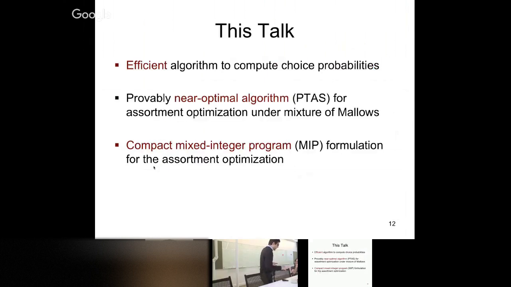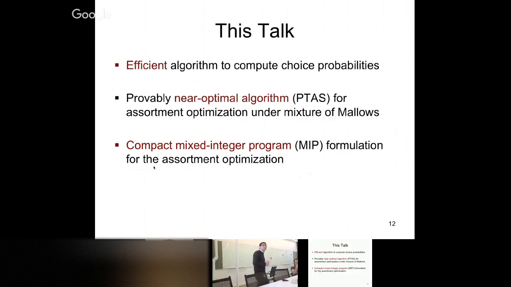So let me give you the punchline of our contribution. We have an efficient algorithm which can compute these choice probabilities exactly. In fact, the algorithm is just solving a compact system of linear equations.